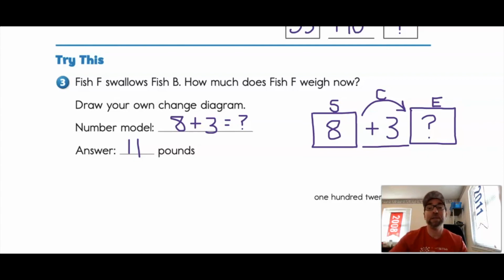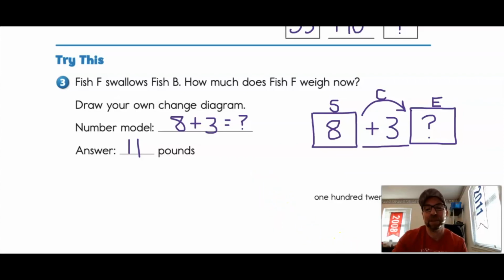All right, hopefully you finished it. Fish F weighed 8 pounds. Fish B weighed 3 pounds. And 8 plus 3 equals a question mark. And my answer is 11 pounds. Did you solve that problem correctly?